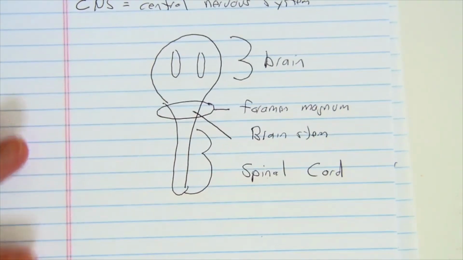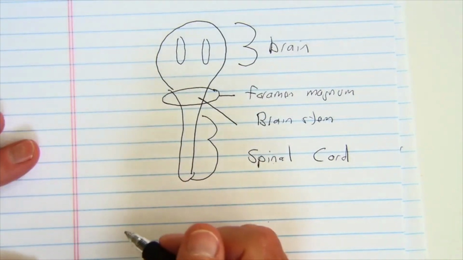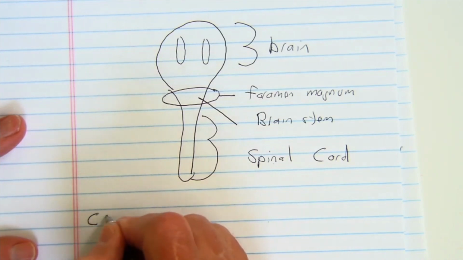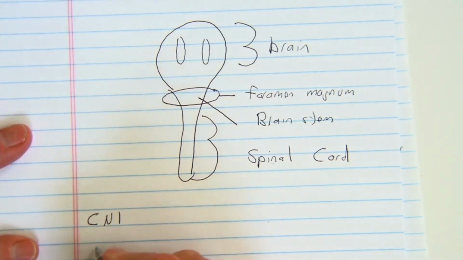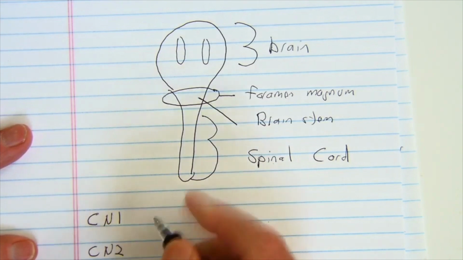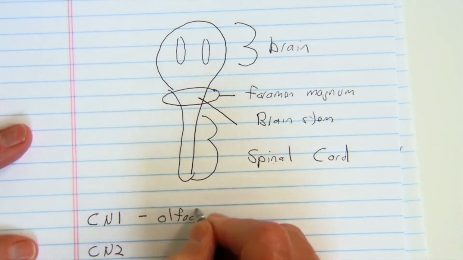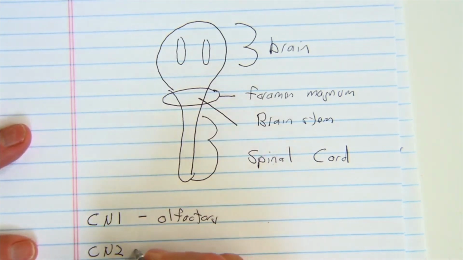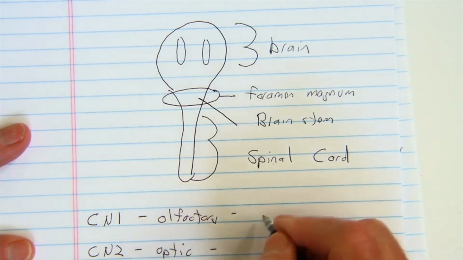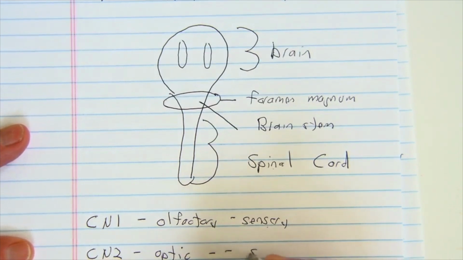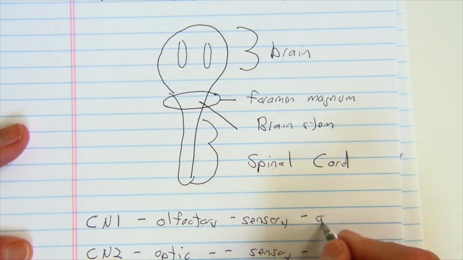But it also comprises, if you recall, when we were talking about the bones, remember there was CN1 and CN2. CN1 is, remember, the olfactory nerve, and CN2 is the optic nerve. Those nerves are both sensory, but remember, they're always CNS.